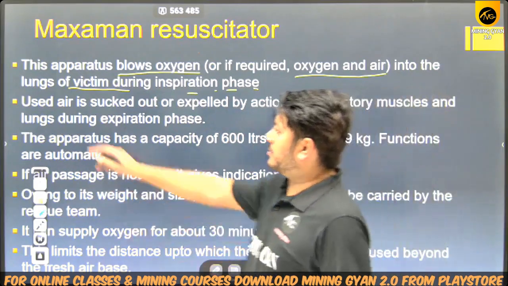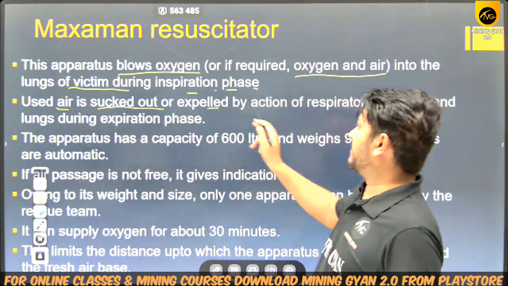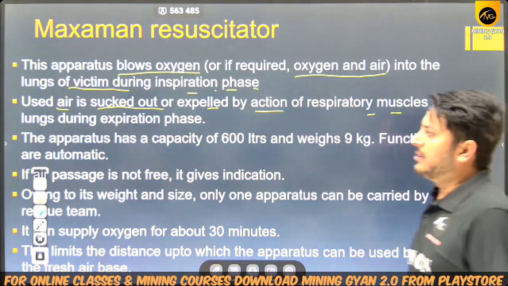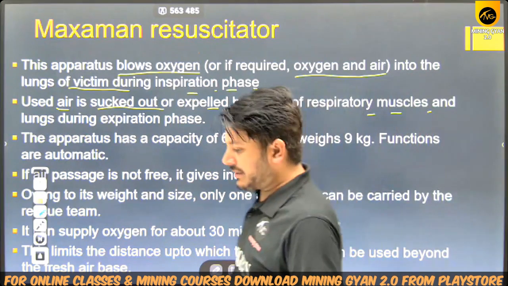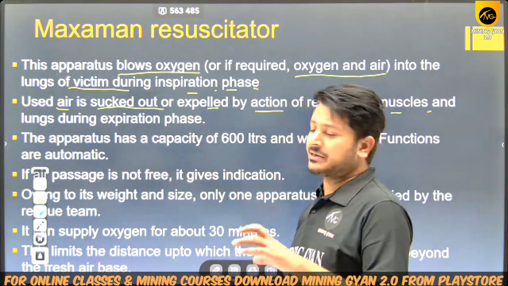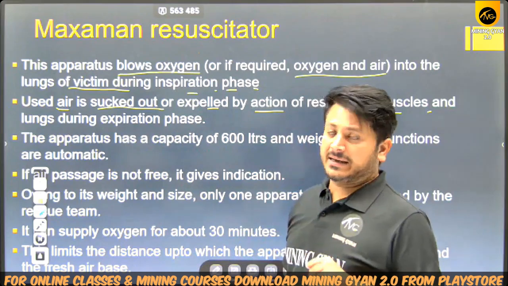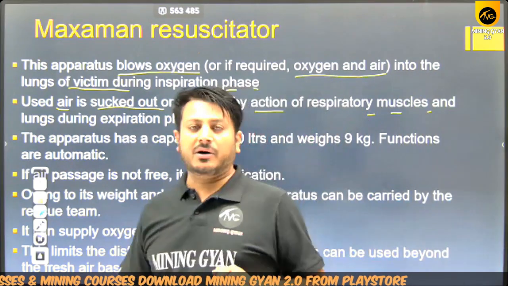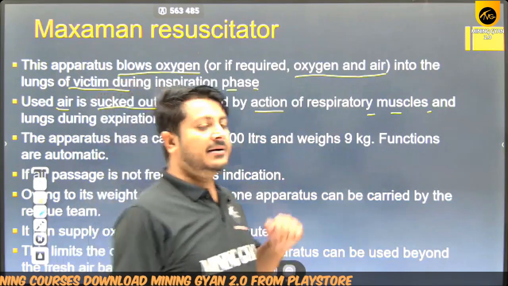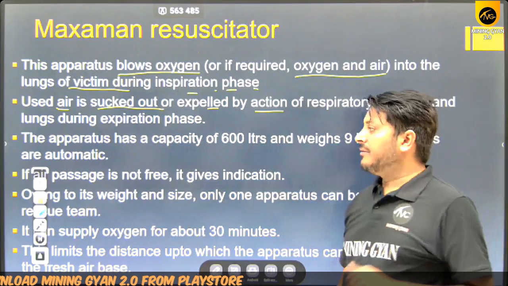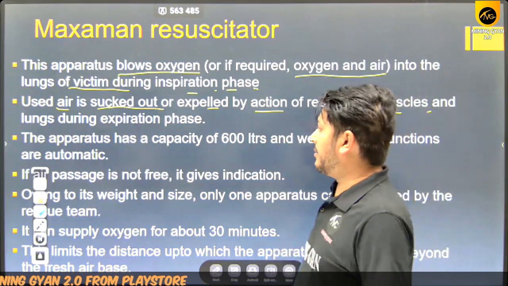Used air is sucked out or expelled by the action of respiratory muscles. So it is similar to a pulmonary device, in that it also sucks out the air. It injects the oxygen or air, as well as sucks the oxygen and air from the body of the victim.